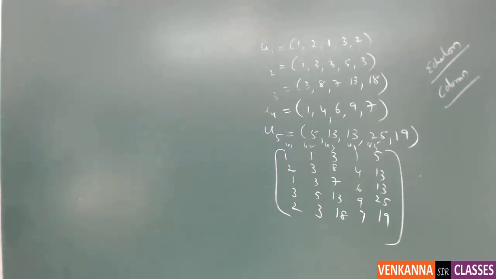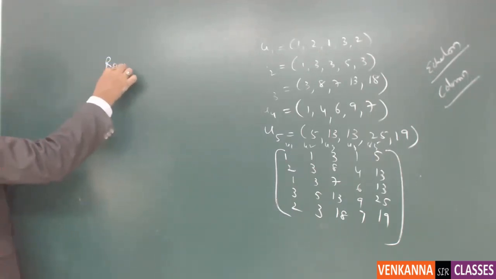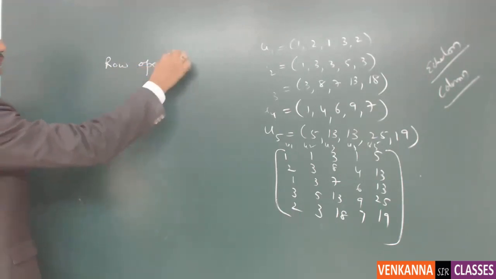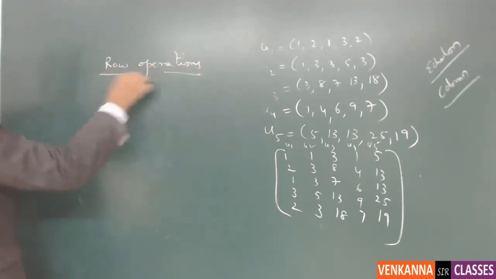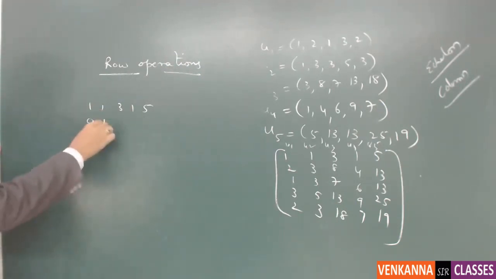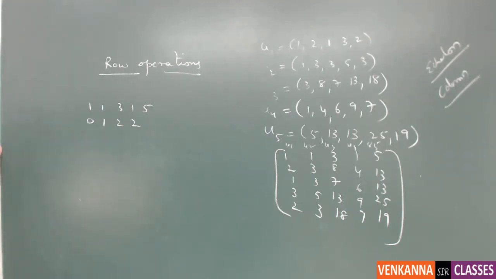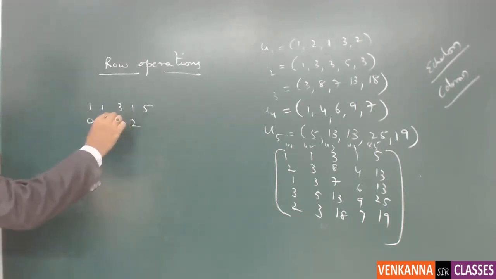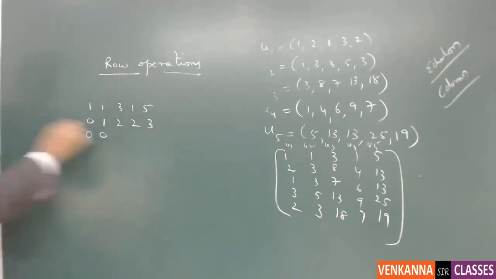Then, after applying row operations, I think you are going to get the resulting matrix as 1, 1, 3, 1, 5, 0, then 1, 2, 2, and then maybe some value 3, again 0, 0, 0, 1, 2, let me say, and the other values as 0.